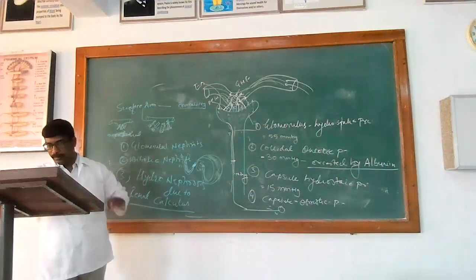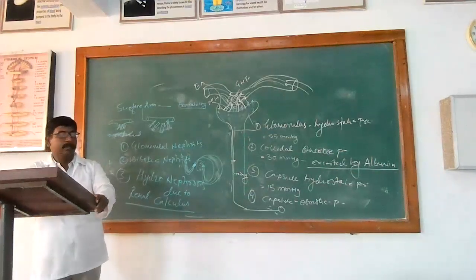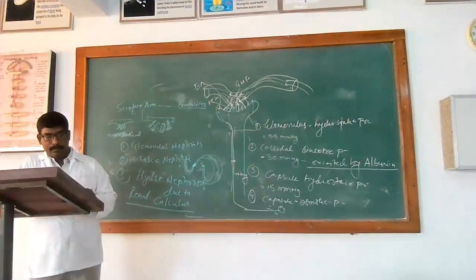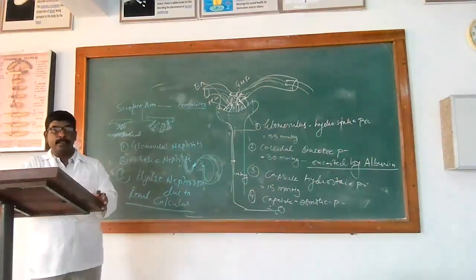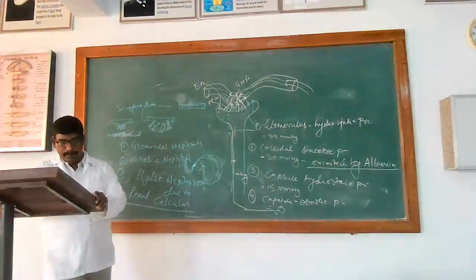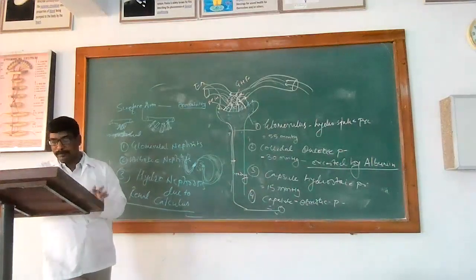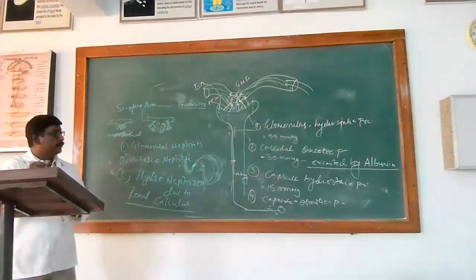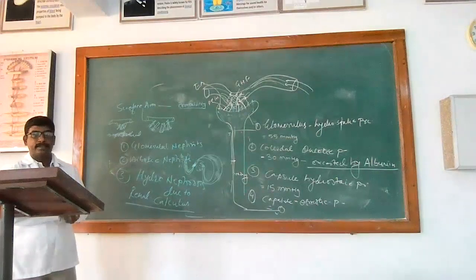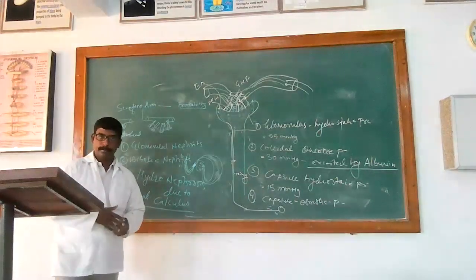So here today we have discussed the tubular fluid osmolality and the plasma osmolality, the role of pH, the GFR, and factors affecting GFR. And now we are going to see some factors which affect the urine output.